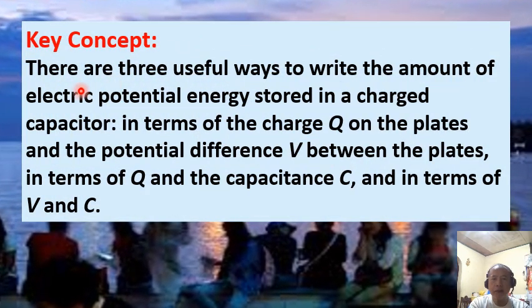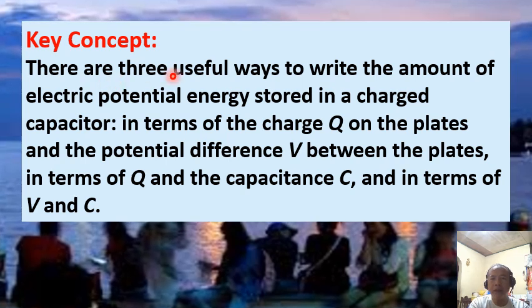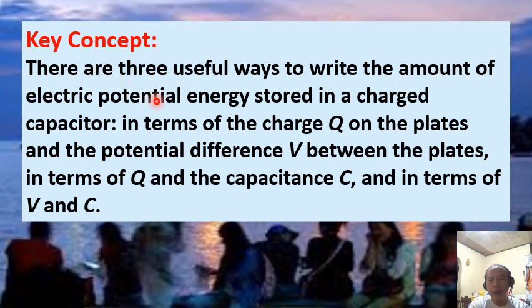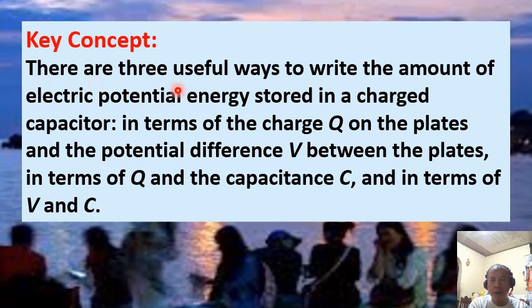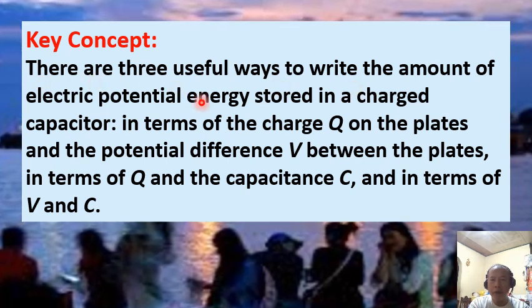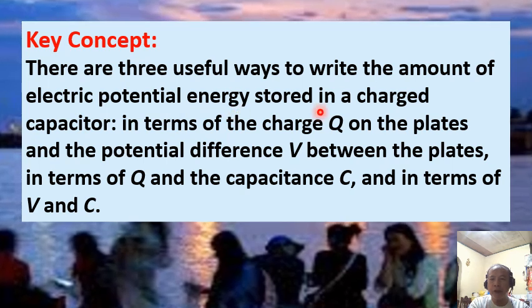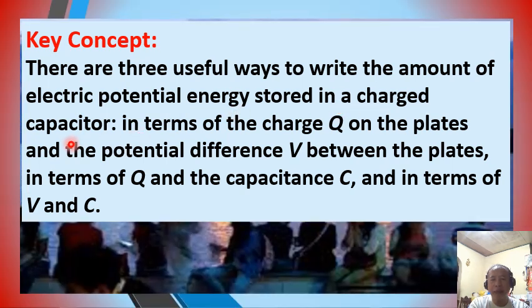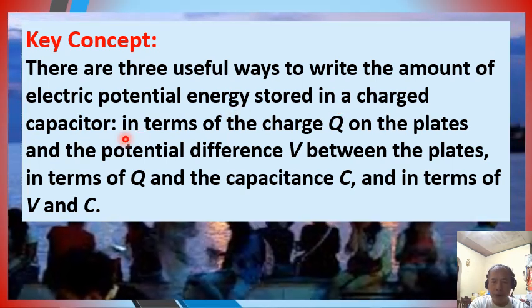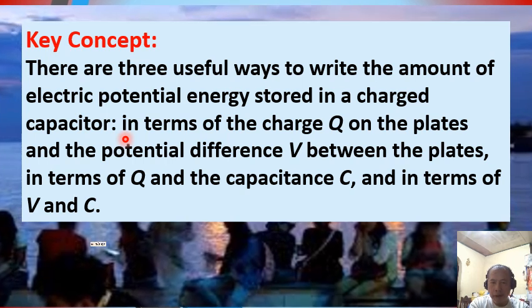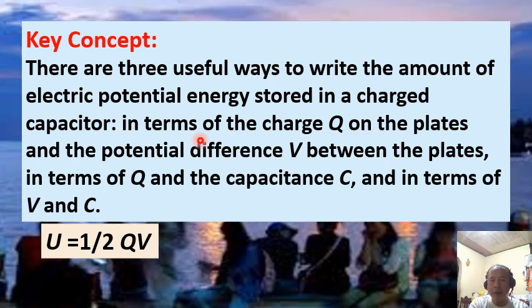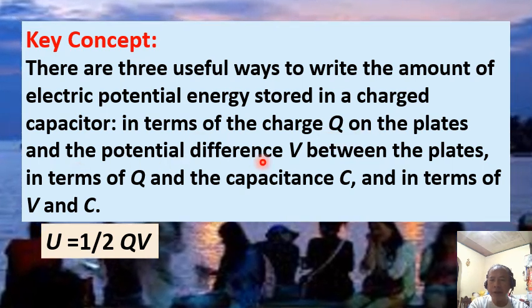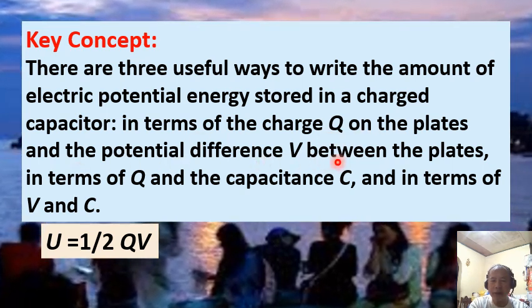Before we end, we just want to emphasize the concept that we applied in this problem. There are three useful ways to write the amount of electric potential energy stored in a charged capacitor. We have number one, in terms of the charge big Q on the plates and the potential difference capital V between the plates.